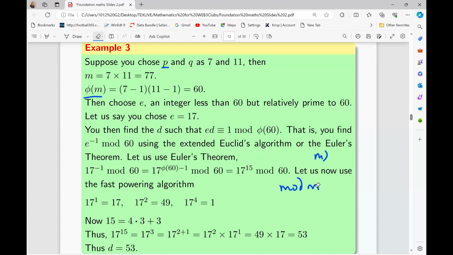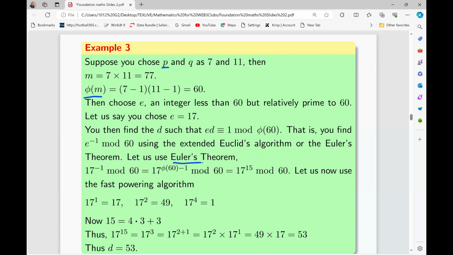Let's find the inverse of 17. We've said there are two ways. We may want to use Euler's theorem, which I've used here. Euler's theorem says that the inverse of 17 is 17 raised to phi of 60 minus 1, mod 60.